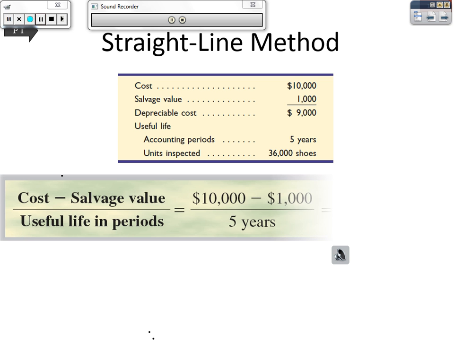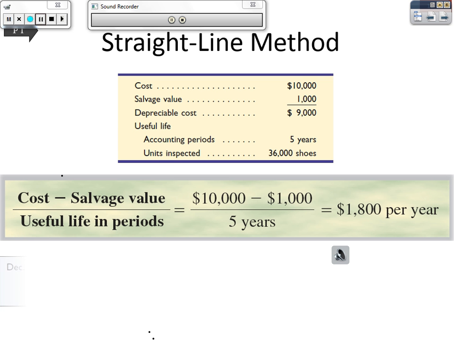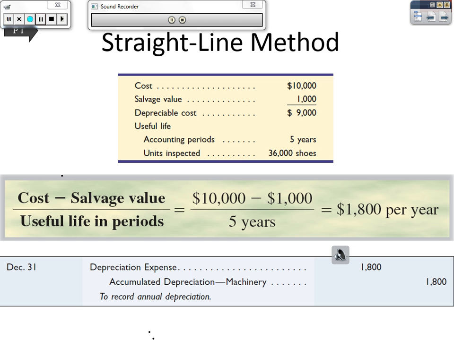So starting with straight line. This is the equation. It's also in your book. Straight line: cost minus salvage divided by useful life, or useful number of years. And that's going to show you how much you're going to depreciate. Now, the good thing about straight line is it's the most basic. Second, straight line allows a company to depreciate the same amount every single year for the entire useful life.